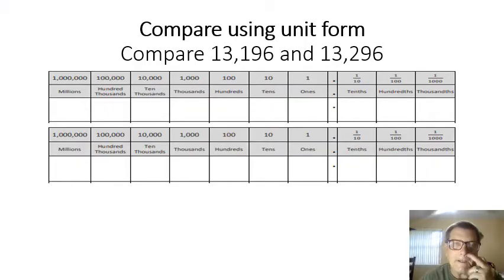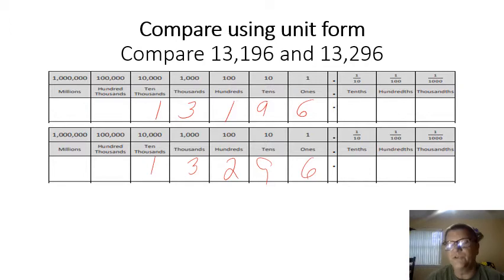Now, as you can see, the slide says compare using unit form, and it's wanting us to compare these two numbers. So we're going to start off, and I'm going to use a place value chart. So there's a 6, a 9, and a 1, a 3, and a 1. And the second one is 1, 3, 2, 9, 6.